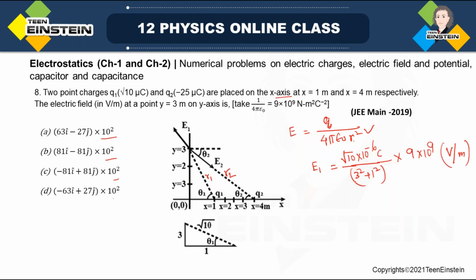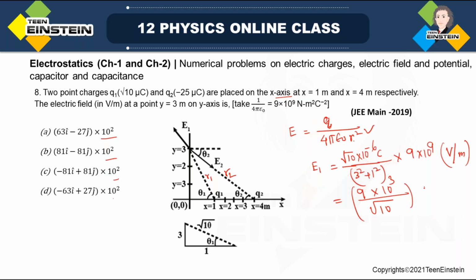So what is the magnitude then? This is 10, and this is square root of 10. Here it is 9, and this is 10 to the power minus 6, this is 10 to the power 9. So it will give you 10 to the power 3 divided by square root of 10.